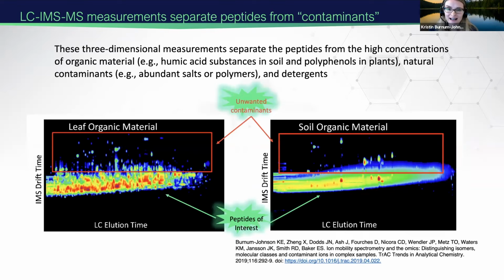But if you look at the figures, you can see that in the LC and the IMS separations, the organic material contaminants are actually separated from the peptides. And this aids in the analysis of these particular examples: leaf material to the left and soil samples to the right. Ion mobility separation is able to move most of these unwanted organic materials or other contaminants to a different drift time space due to their different molecular structure.